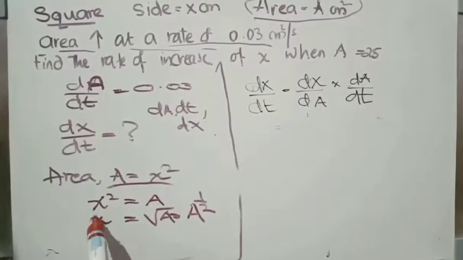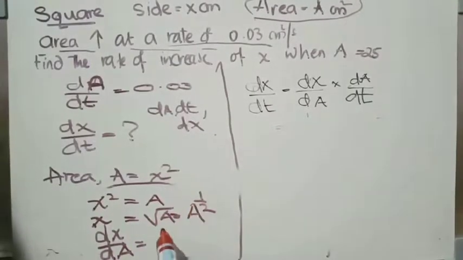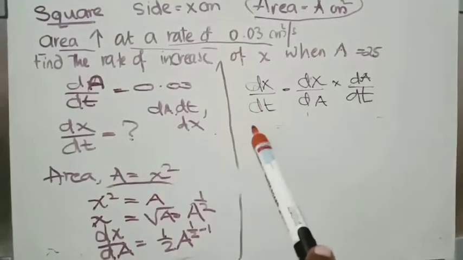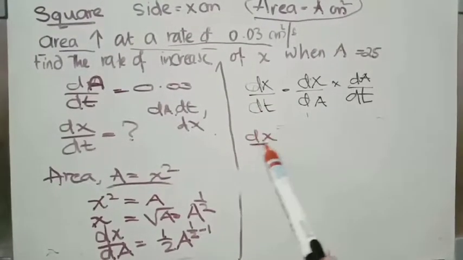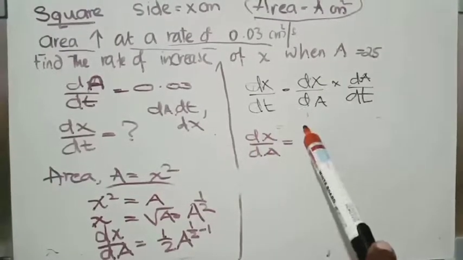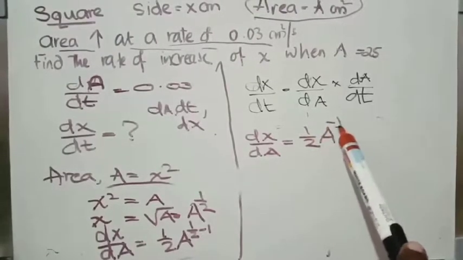So now we have x with respect to A, and we have to find dx by dA. We get 1 by 2 A raised to 1 by 2 minus 1. That is, dx by dA is equal to 1 by 2 A raised to minus 1 by 2.